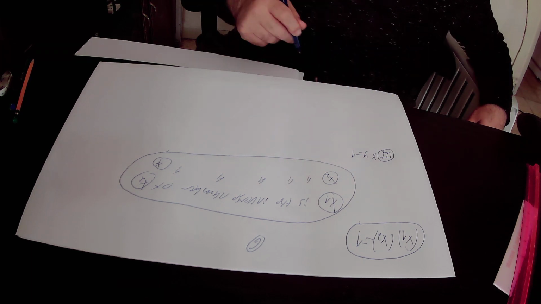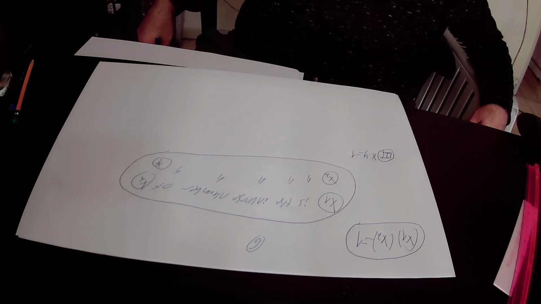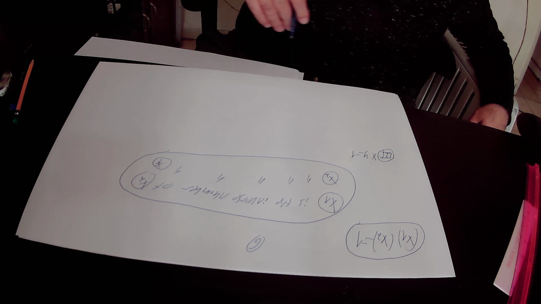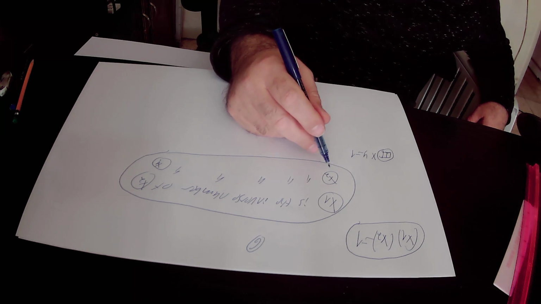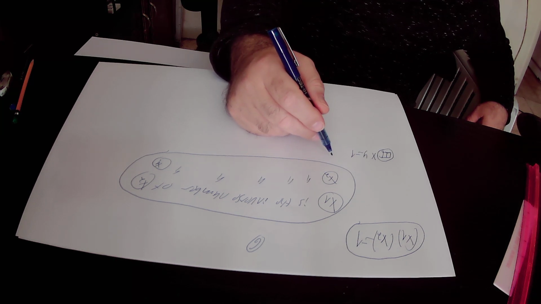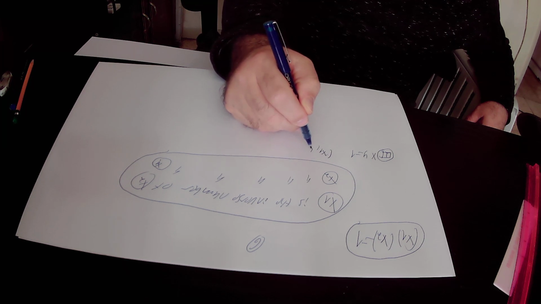Here we can also conclude that x is the inverse number of y and y is the inverse number of x. But if we put the two possible solutions for x and y inside equation number 3, the first possible solution for x and y is x1, y1.